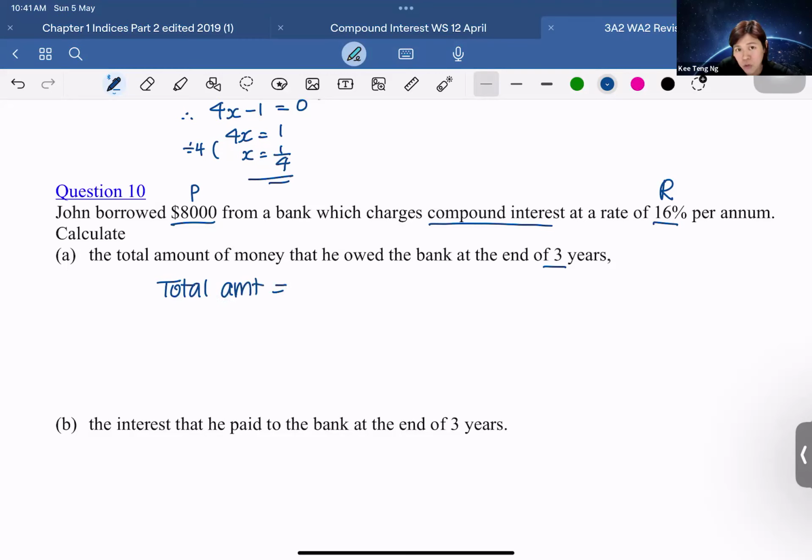It does not start with P, it starts with total amount. Please remember, P bracket 1 plus R over 100 to the power of N, or the number of time, right? So my P in this case is 8,000. 1 plus interest rate, 16%. Wow, that's a lot. 3 years. Okay, now I'll just key this into my calculator.